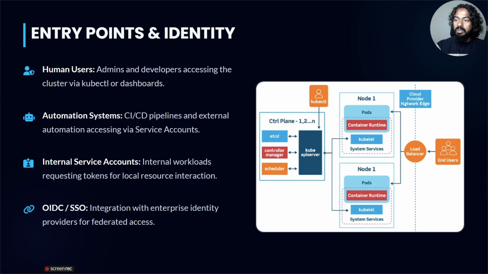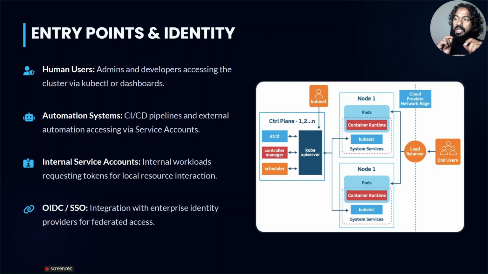Now, let's move on to the entry points and the identity piece of it. Kubernetes doesn't really care if a request comes from a human or from a machine. It only sees identities. So you typically have admins, developers, CI/CD systems, and even service accounts inside the cluster. Most modern setups use OIDC or SSO, which is good.